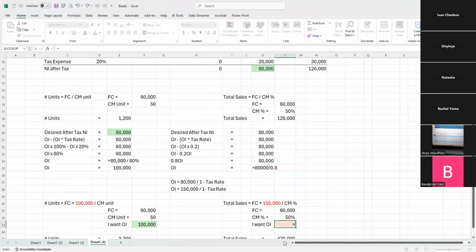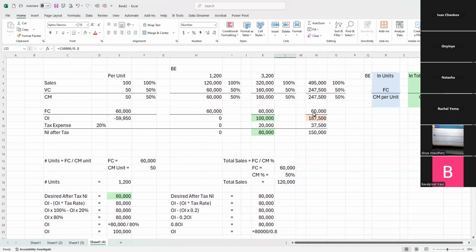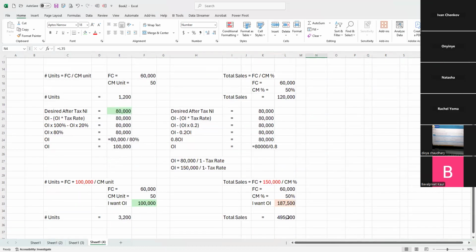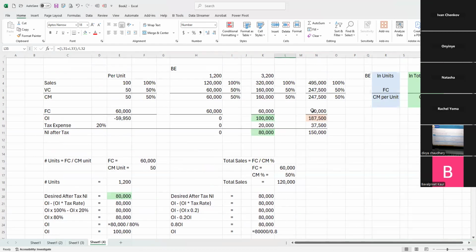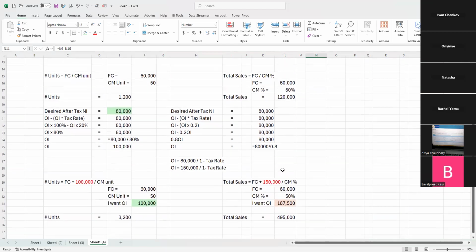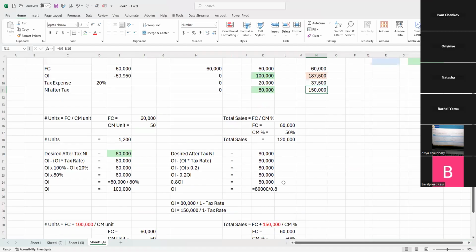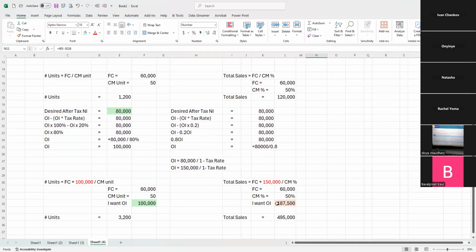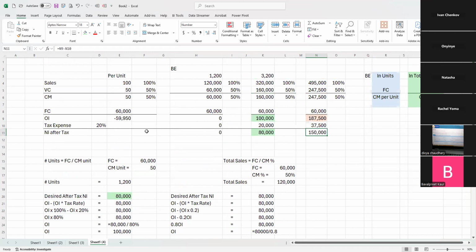Now I need 150,000 divided by 0.8, which is 187. And if I flip this 187 right here, that's going to change my total sales to be 495. With 495, I'm going to get 187, which after I deduct taxes is going to give me 150, what I want. Make sense? Yeah, Professor. Okay. That was the twist with the taxes.